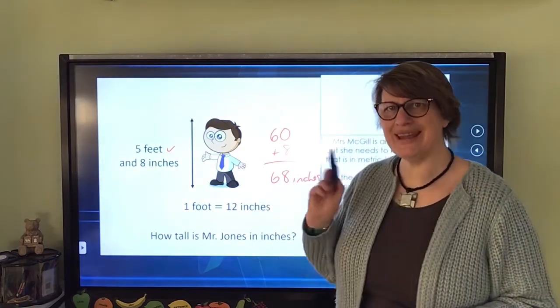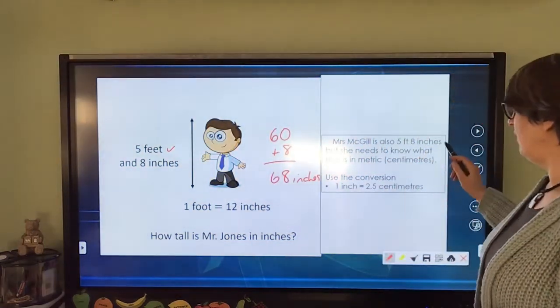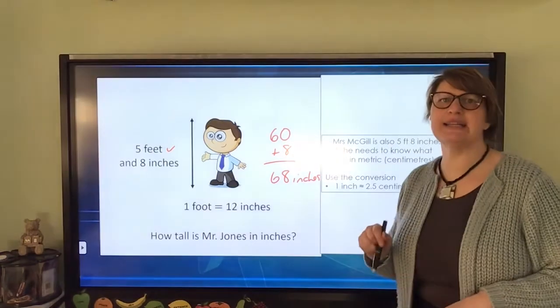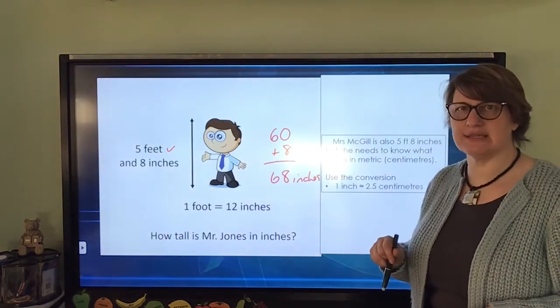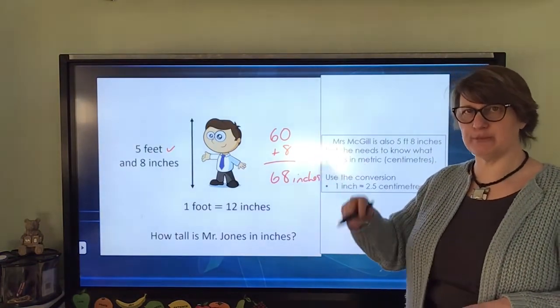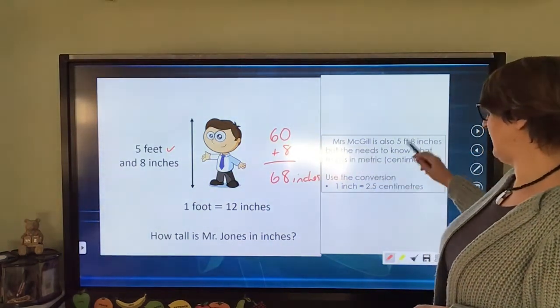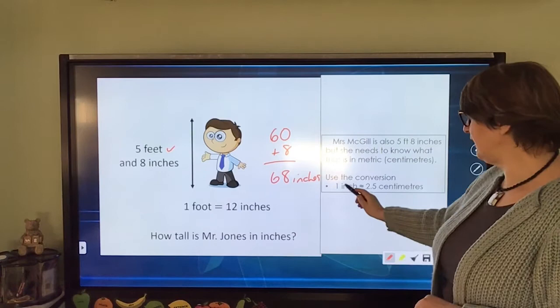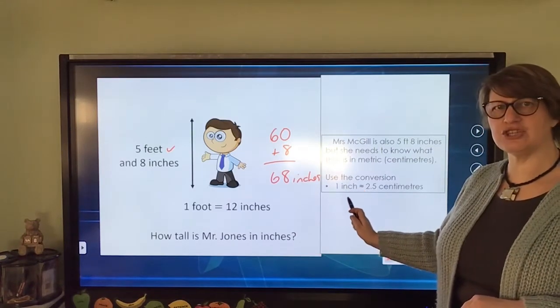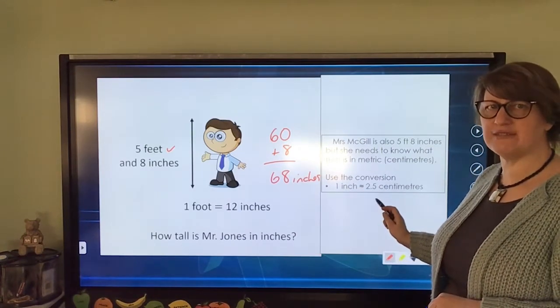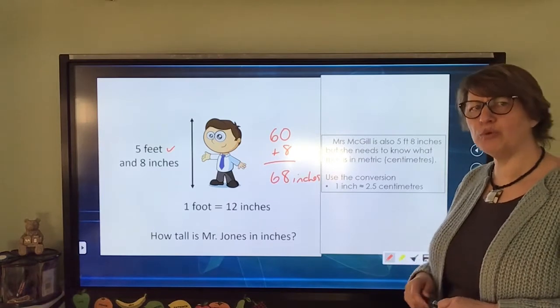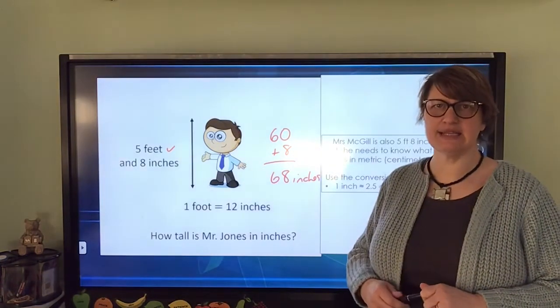Okay, but now I'm also 5 foot 8, but I need to know my height in centimetres, in the metric measure. So I've got to convert between the imperial and the metric. So if I am 5 feet 8 inches tall, and I use the conversion, 1 inch is 2.5 centimetres, what would my height be in centimetres?